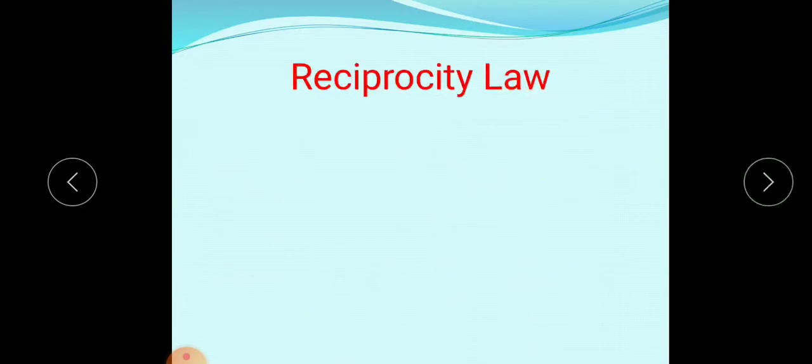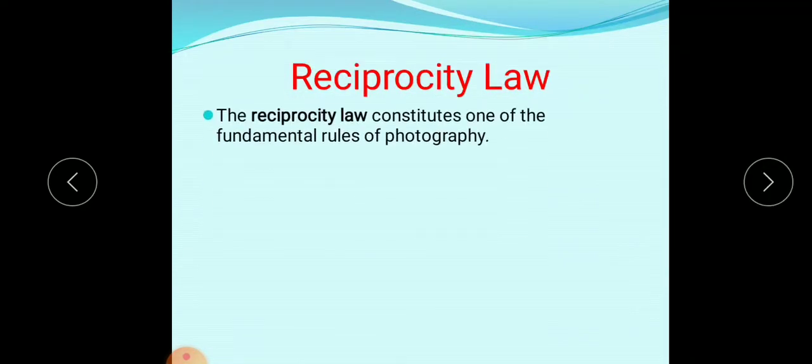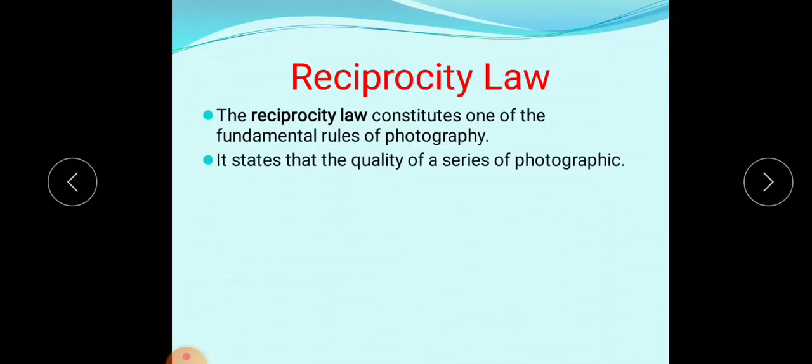Now let's see about the reciprocity law. The reciprocity law is one of the fundamental rules of photography.